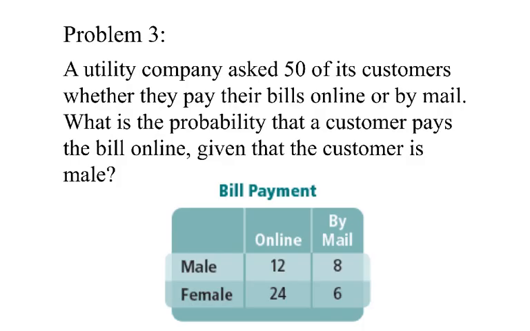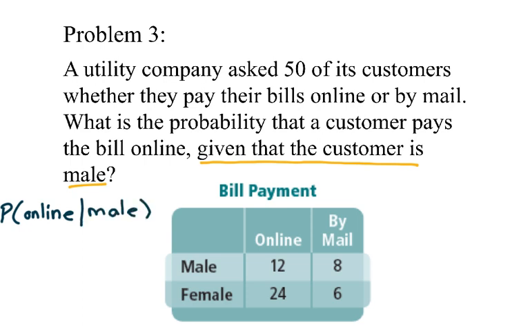So problem 3, a utility company asked 50 of its customers whether they pay their bill online or by mail. What is the probability that the customer pays the bill online given that they are male? So it is given that the customer is male. So we are finding the probability that they pay online given that they're male. So we are only looking at the males here. So we are only looking at this group of people.